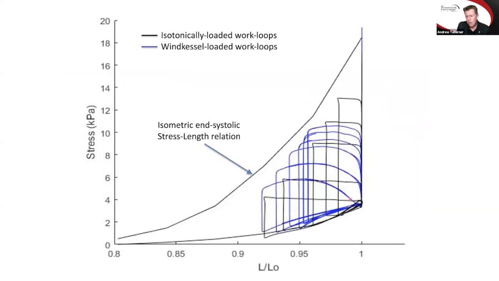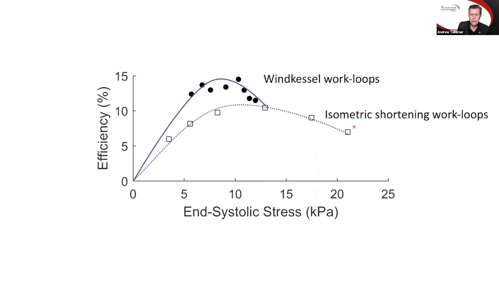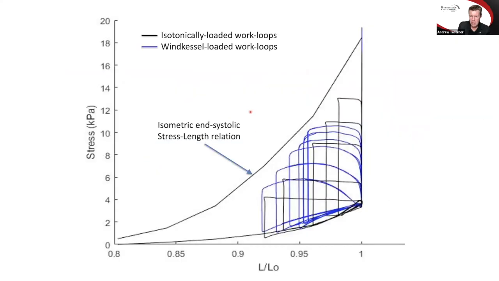And now we can get these blue work loops to occur, which look much more like what goes on in the real heart. This so-called windkessel-loaded work loop produces more work than typical isometric loaded work loops, which are these flat-topped black work loops.